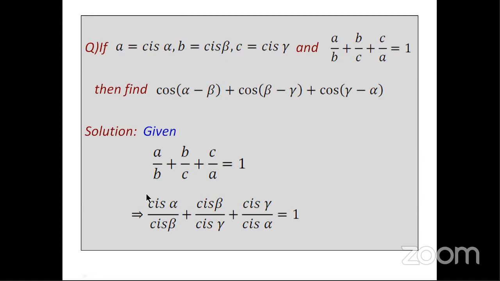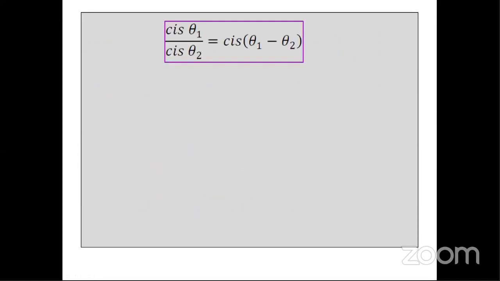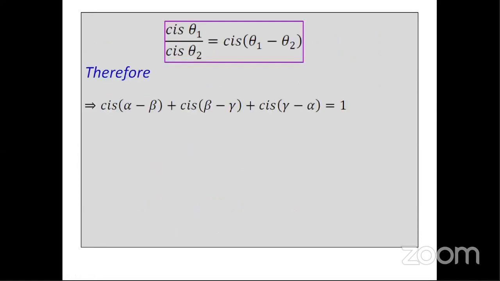We have seen a formula just now: cis theta 1 by cis theta 2 is equal to cis of theta 1 minus theta 2. So we will apply the same formula, children. So we have cis of alpha minus beta plus cis of beta minus gamma plus cis of gamma minus alpha is equal to 1. Now I'll go with the expansion of this cis. Cis is nothing but cos of alpha minus beta plus i sin of alpha minus beta. In this step, I am rearranging the real and imaginary terms separately.